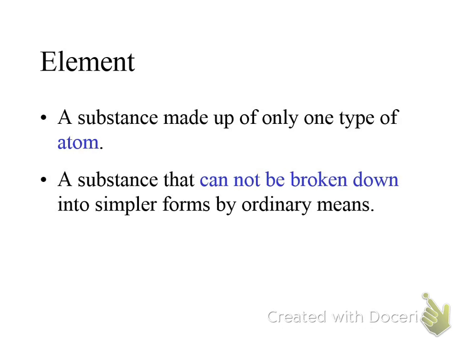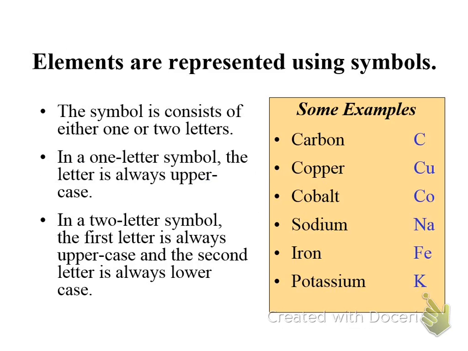You can go ahead and break them down further, but they won't be copper atoms anymore. Okay, so elements, as you probably already know, we use letter symbols to represent the elements, and sometimes they are two letters, like copper is capital C, lowercase u. And if there are two letters, the second letter is always lowercase.